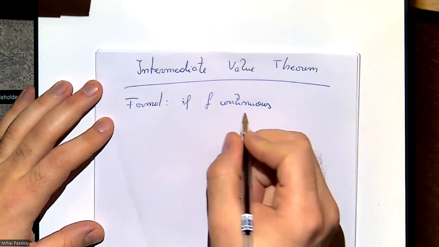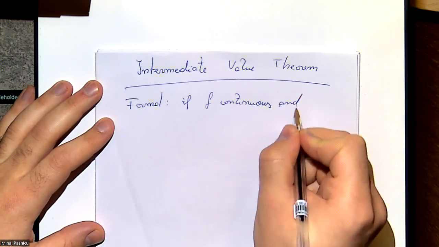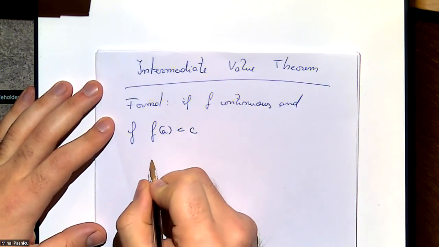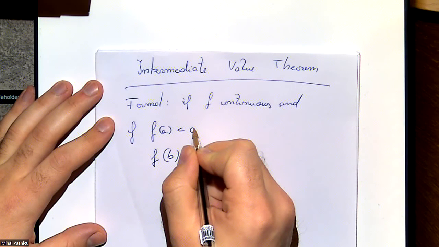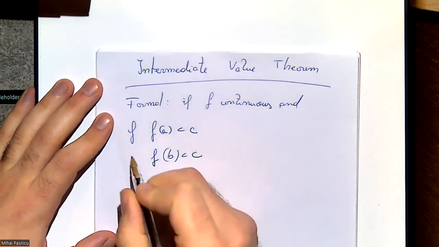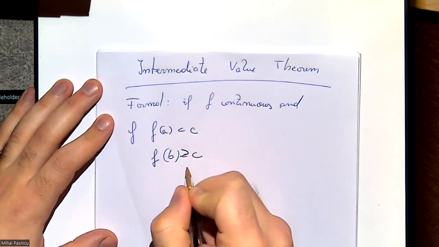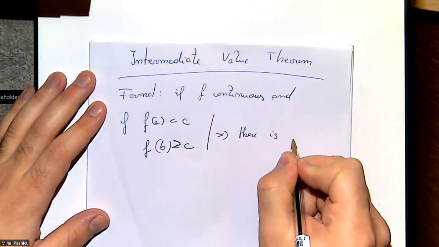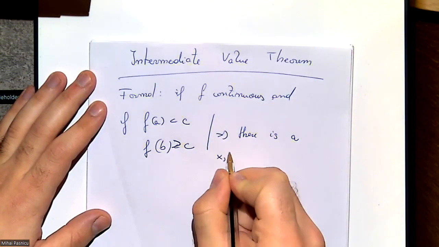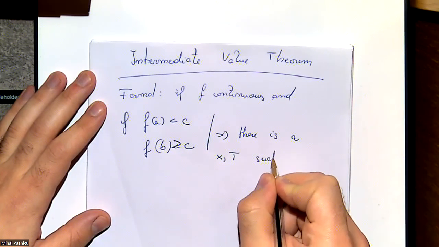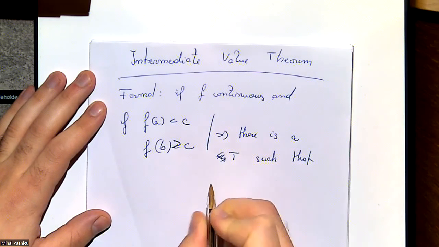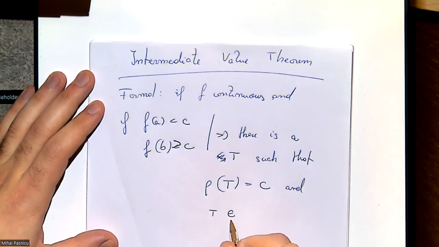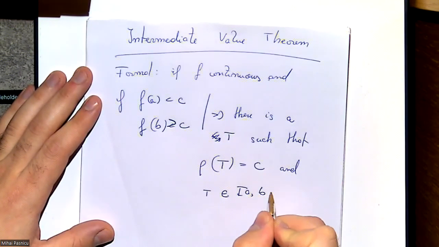If f is continuous, and if f of a is smaller than some c and f of b is greater than c, then there is an x, or in your case a big T, such that f of t is equal to c and t is in [a, b].